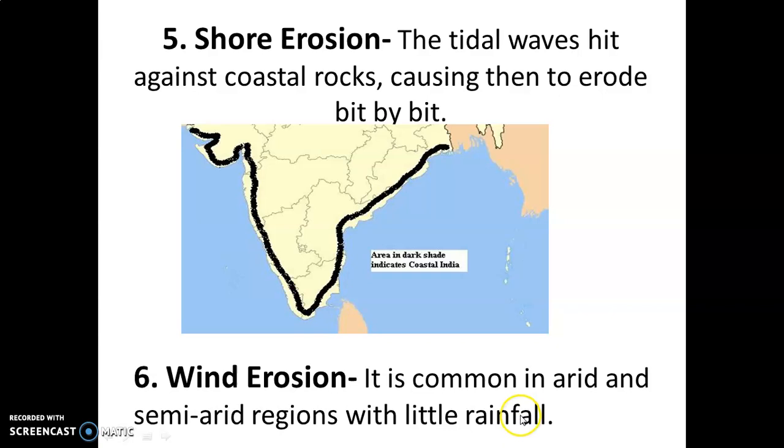So if the plants are not there, it means soil is totally bare. As we know, the roots of the trees hold the soil tightly, but trees and plants are very scattered or very less in desert. So if the high speed wind blows over the dry areas like Rajasthan, western Rajasthan, then wind is able to remove the topsoil.